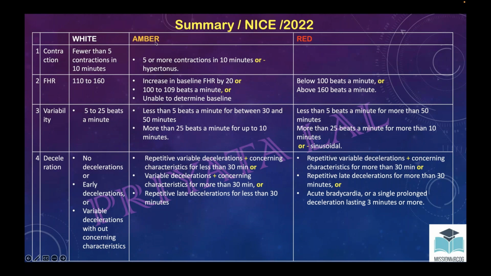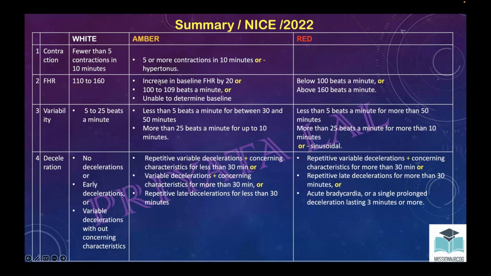Fetal heart rate: white is 110 to 160. An increase in baseline rate by 20 we already saw a few slides before, both in first stage and second stage of labor. In the second stage of labor, they are putting this feature as red. I have just shown you a slide.